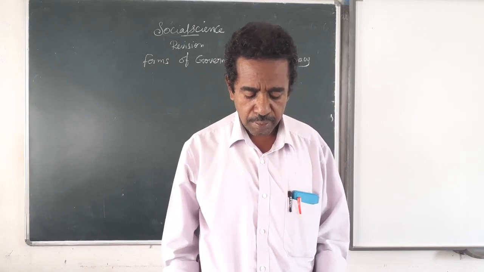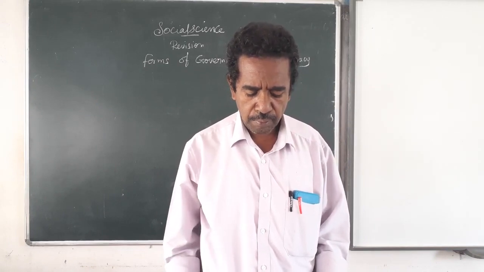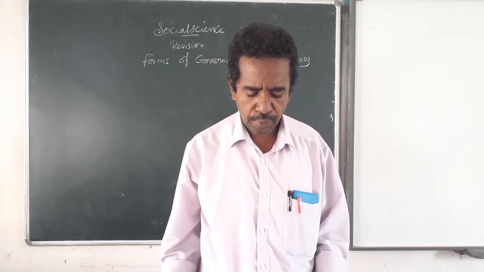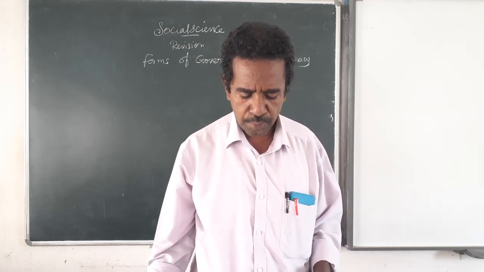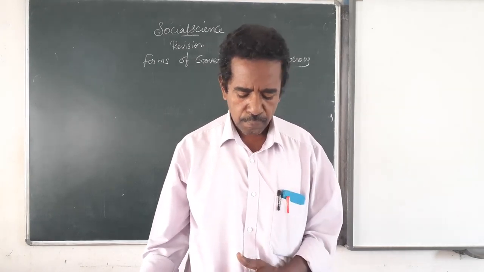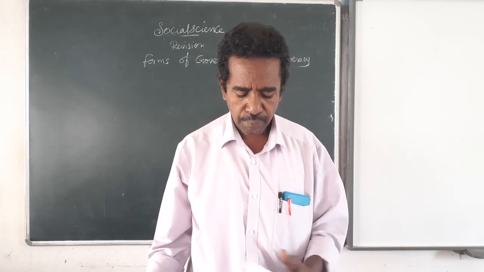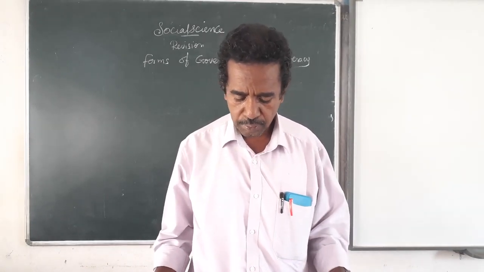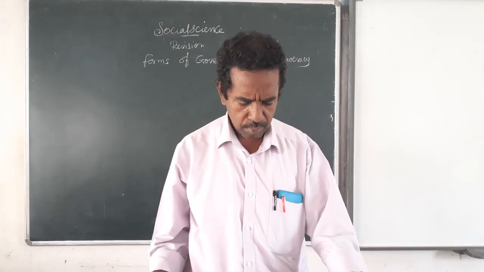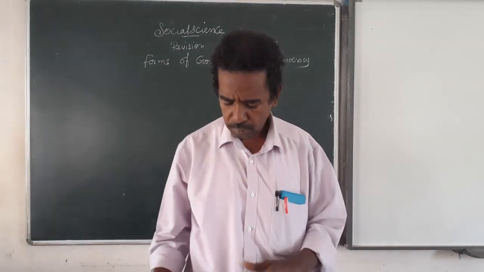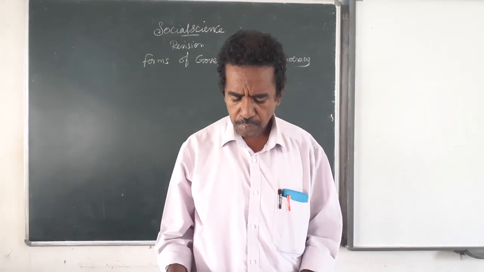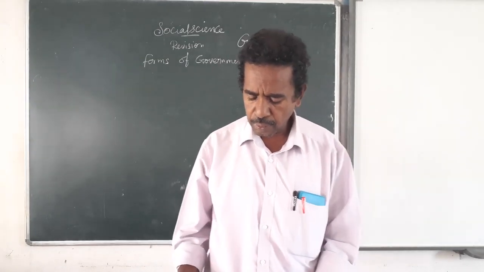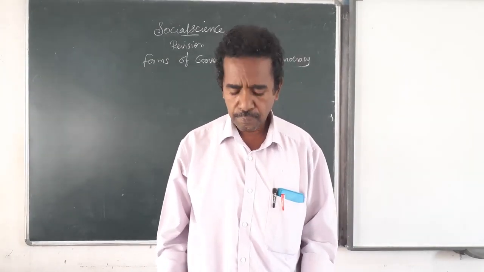Give short answers. First one, give Abraham Lincoln's definition of democracy. That is page number 239. We have marked it. I will explain once. Near Abraham Lincoln's picture it is given.